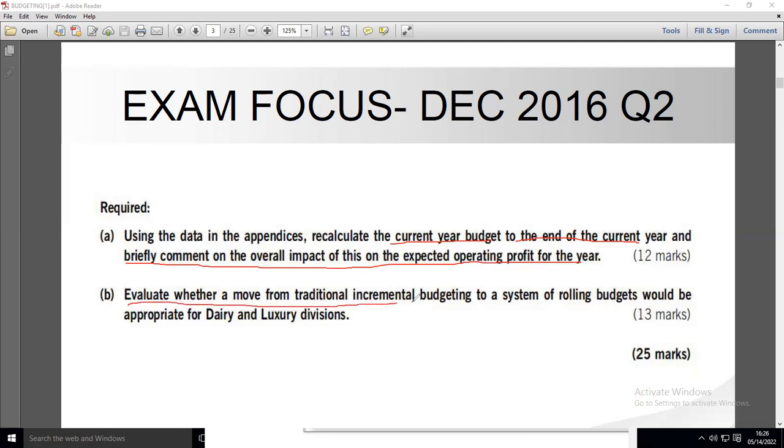Evaluate whether a move from traditional incremental budgeting to a system of rolling budgets would be appropriate for dairy and luxury divisions. This is where the issue of evaluation comes in: you telling us whether a particular budgeting system is appropriate in a given environment. So what is incremental budgeting? We need to carry out that evaluation.